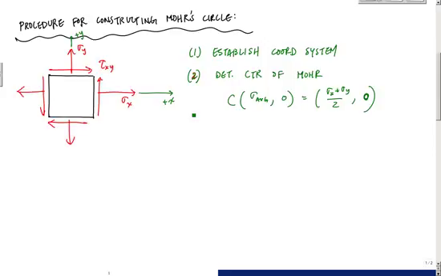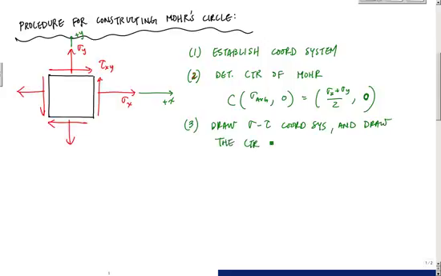Now that we know the point for the center, we want to draw a sigma-tau coordinate system and draw the center point.